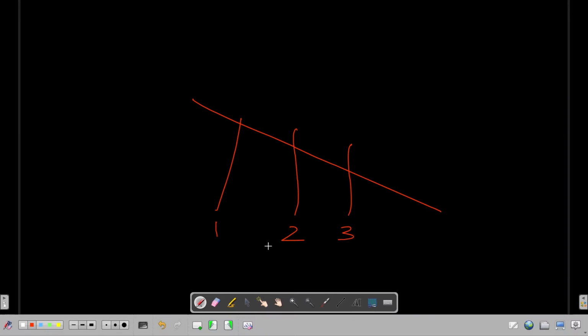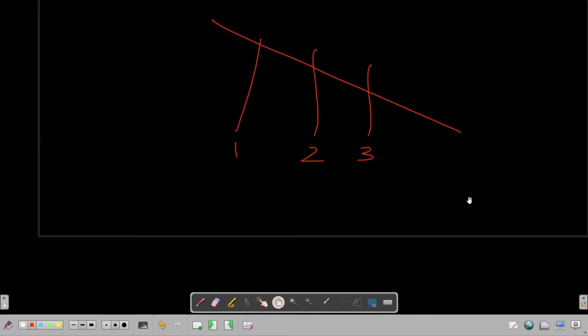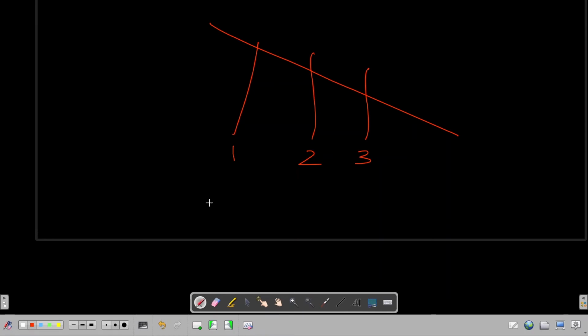Similarly, if I am descending, if something like this is happening, what would happen? If I draw these 3 pointers again, what would be the relation between them? It would be 1 is greater than 2 is greater than 3. Correct?